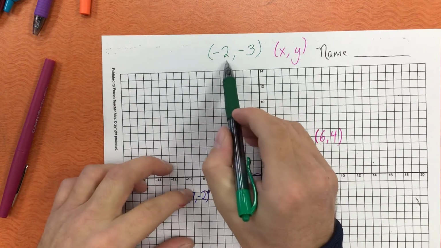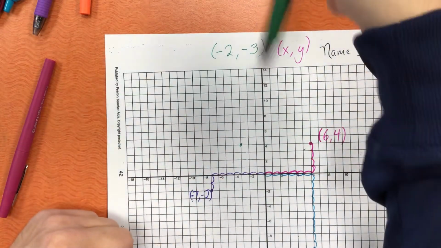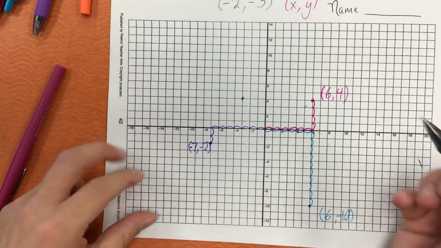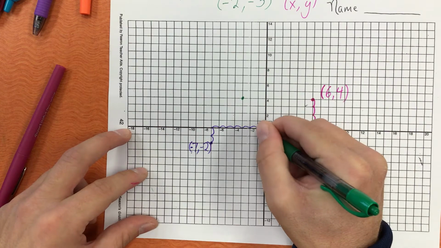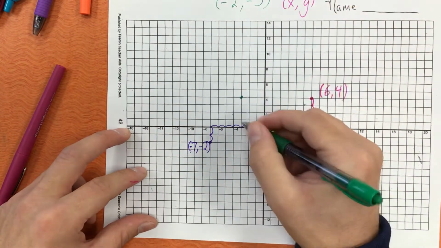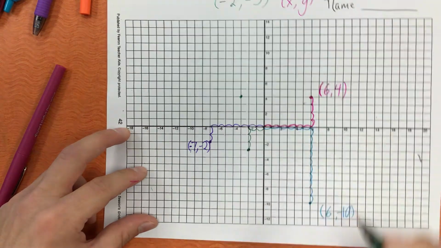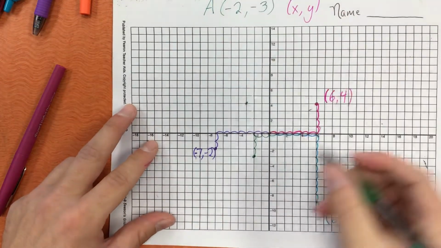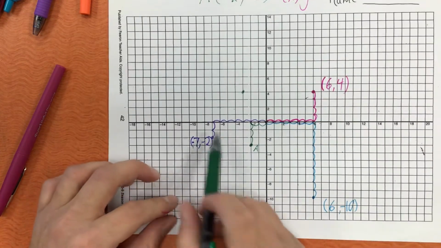If it says negative 2 and negative 3, well, I know that it's going to be negative on the x-axis and negative on the y-axis, so it's going to end up down here in quadrant 3, okay? So let me count over too. So I'm going to start with my x, and I'm going to go 1, 2 over, and then I'm going to go y, 1, 2, 3. And that's my point right there. And sometimes you'll see people say, okay, that's point A, and then I'll label it point A just like that. That way you don't have to write these ordered pairs everywhere, okay?